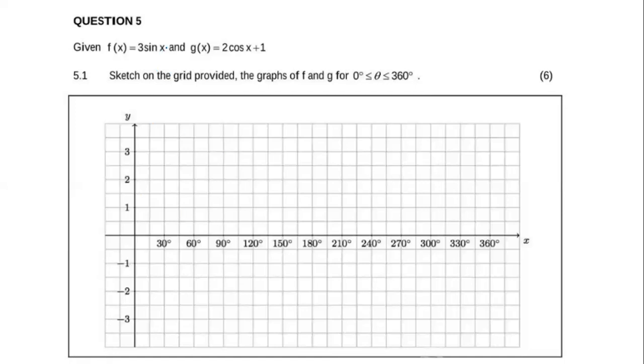So when you substitute 0, because our x over there is 0, we get 0. But now when we substitute 30, we get 1,5. So 1,5 is most definitely going to be between 2 and 1, which is here. That's why we are given the grid, so that we can do things correctly.